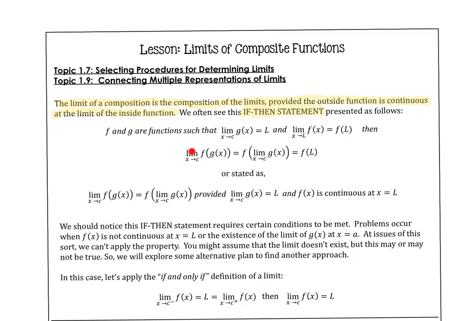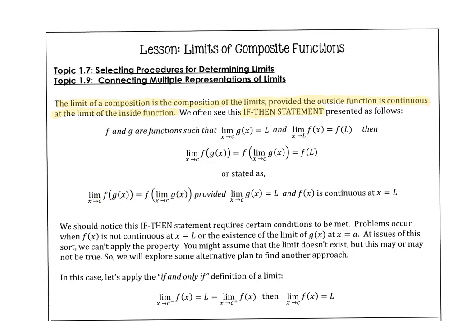If that's the case, then the limit at our target value can be thought of as moving the function f outside of the limit, taking the limit of the inside function, and then evaluating the function at the limit.